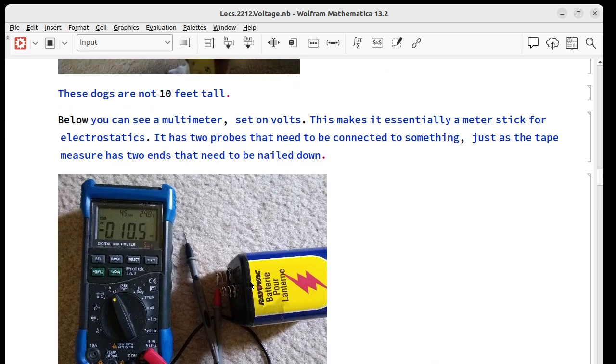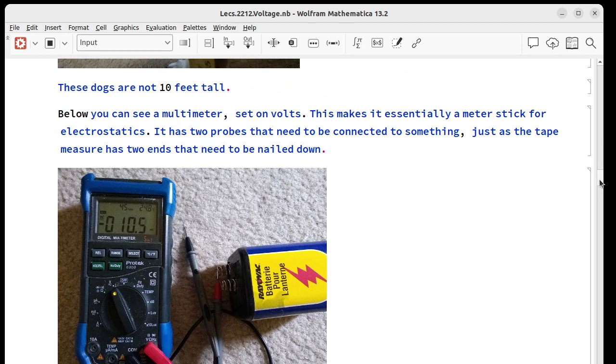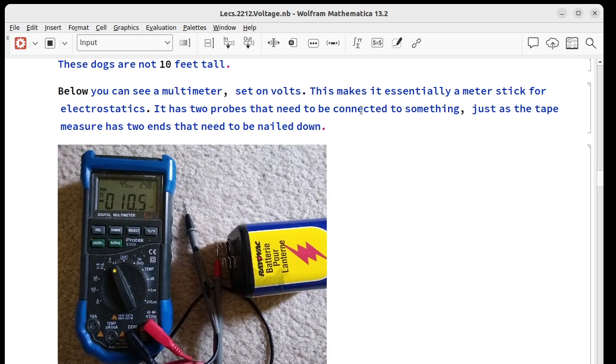Same idea, here we have a multimeter, which is like our yardstick for voltage. It has 2 probes, and we have to connect both of them to something if we want it to mean anything. Right now, the red probe is connected to one end of this 6-volt battery. The black probe isn't connected to anything. The display reads something like negative 10.5 millivolts.